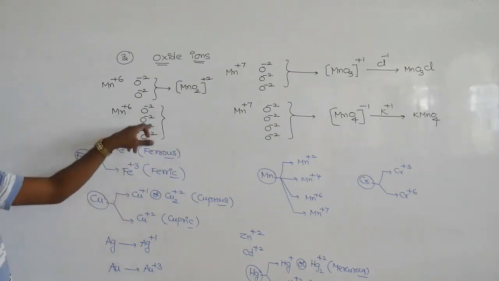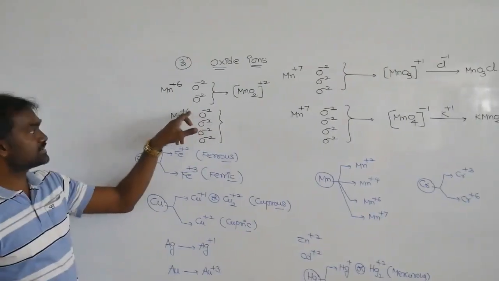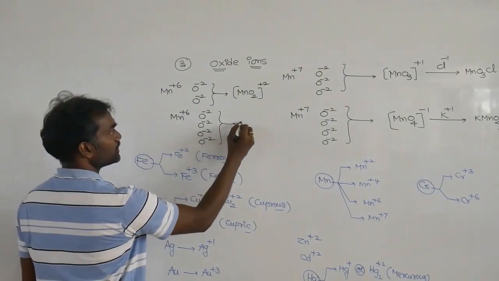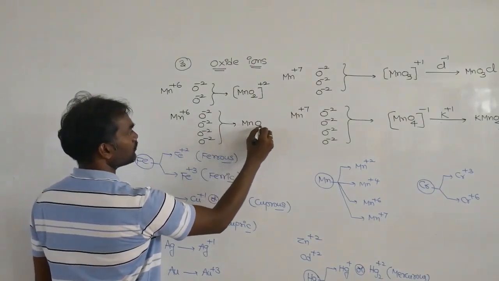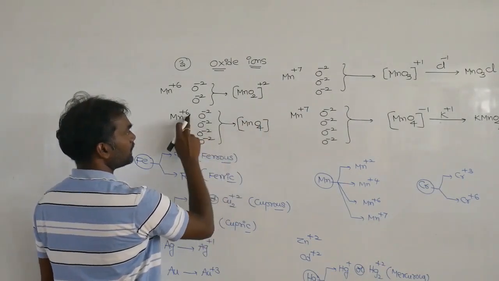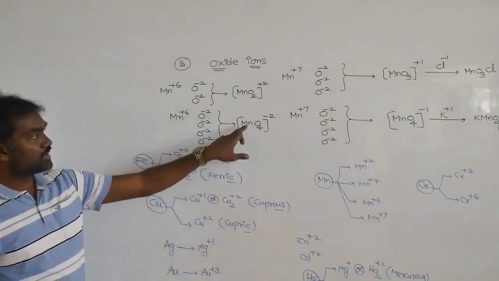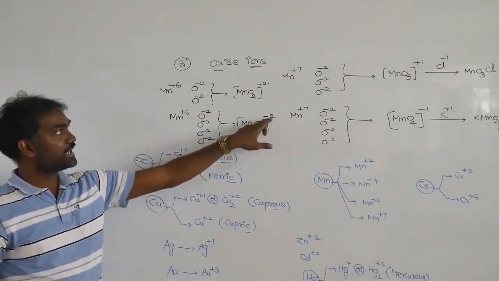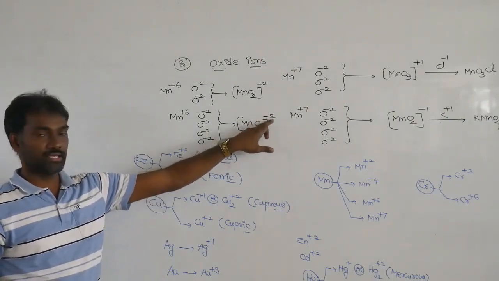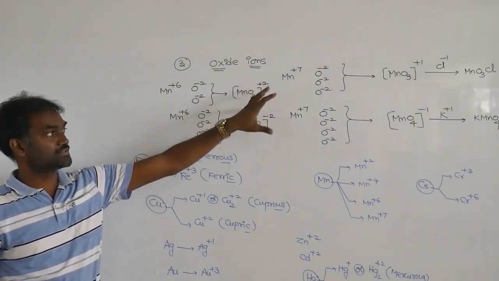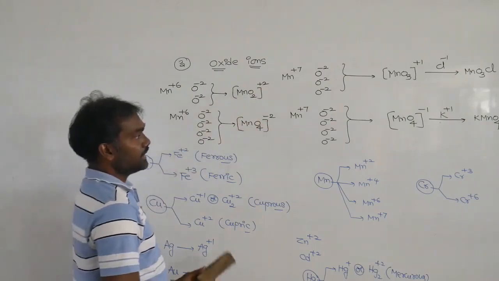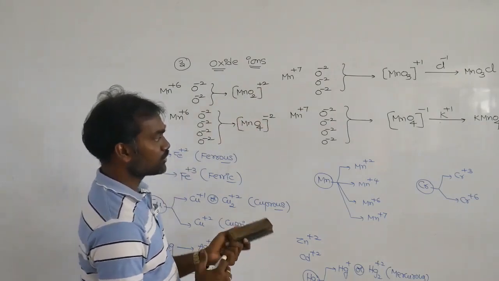See, 4 2s are 8. 8 negative from oxygens, 6 positives. So what will be the formula? MnO4, here minus 2. So these are what? Oxide negative charge, oxyanion. Oxycations. So like that.